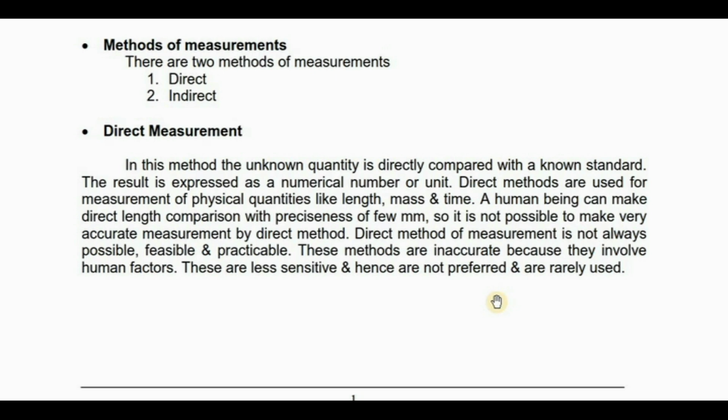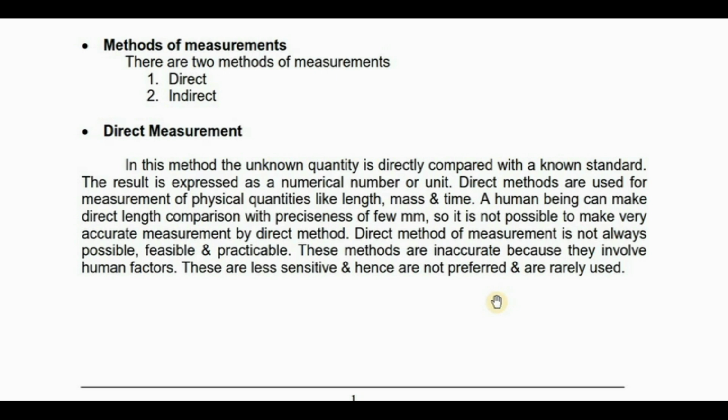Similarly, it can be applicable for mass, that is weight measurement, or for time as such. Okay, so wherever a human being is involved and wherever the direct comparison between a known value and the unknown parameter is being done, that is said to be a direct measurement.